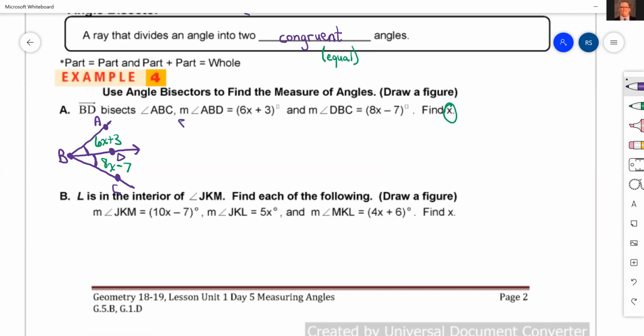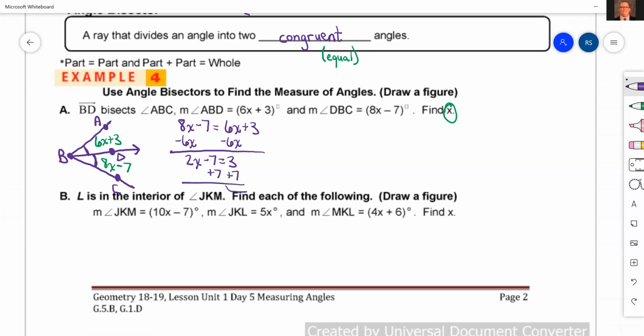So I'm going to say 8x minus 7 equals 6x plus 3. Subtract your 6x. 8x minus 6x is 2x. Minus 7 equals 3. Add your 7.